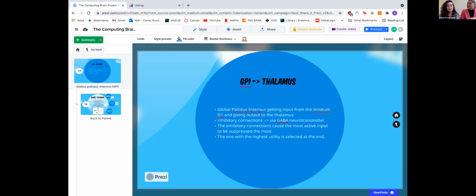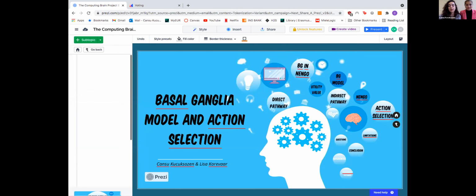When it's being inhibited, it initiates action. Yeah. So because GPI has an inhibitory connection to the thalamus, the most inhibited action in GPI is going to be the one that is selected at the end.